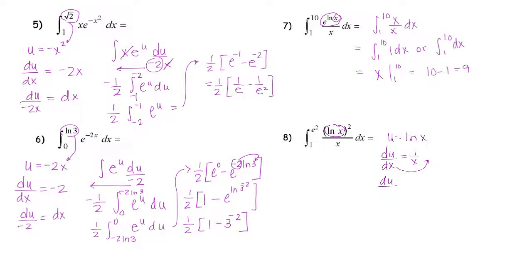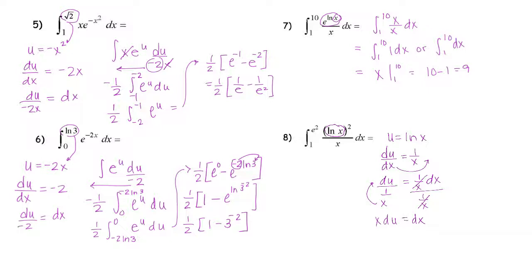So du is going to be equal to 1 over x dx. And so I'm going to multiply or divide both sides by 1 over x. If you want to do that, you're welcome to. This is really dividing by 1 over x, so this is going to flip over. So I'm going to have x du equals dx.